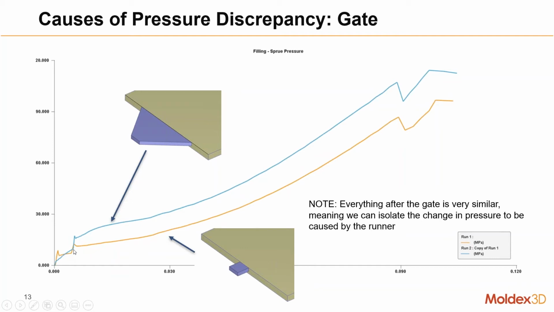So we can see that the flow length effect is kind of overthrowing that cross-sectional area effect. Both of those effects are very important, and we want to make sure that the geometry of our gate is always modeled in as accurately as possible. You can see that everything after the gate actually has the exact same contour, which means that we can isolate this pressure difference right around the gate.